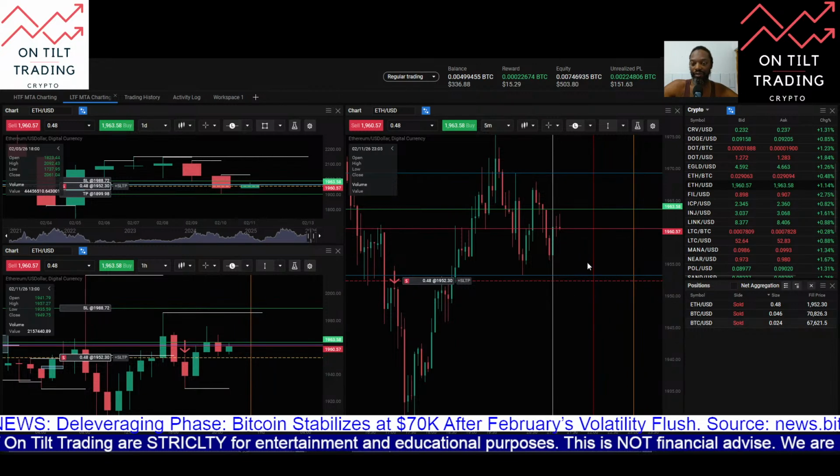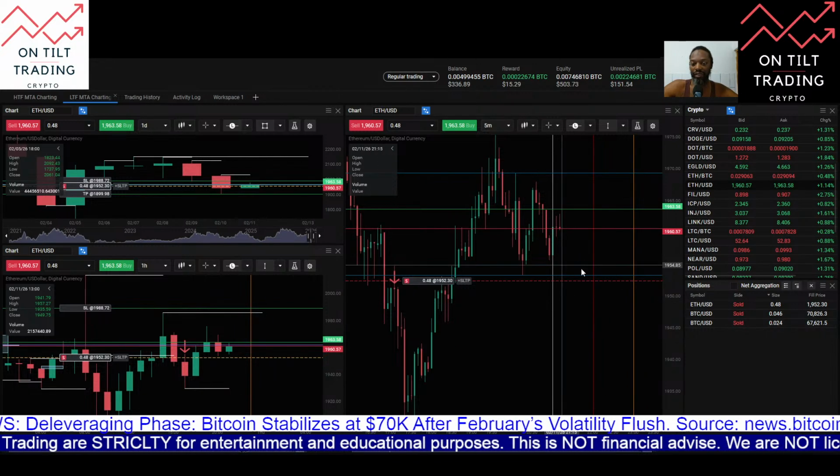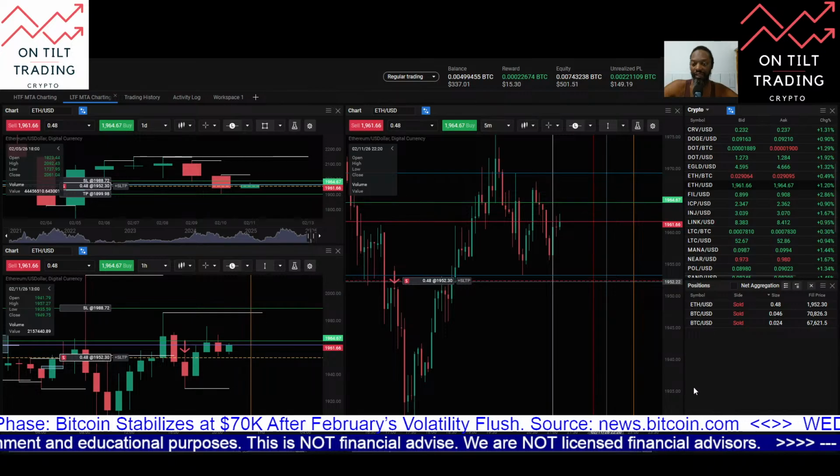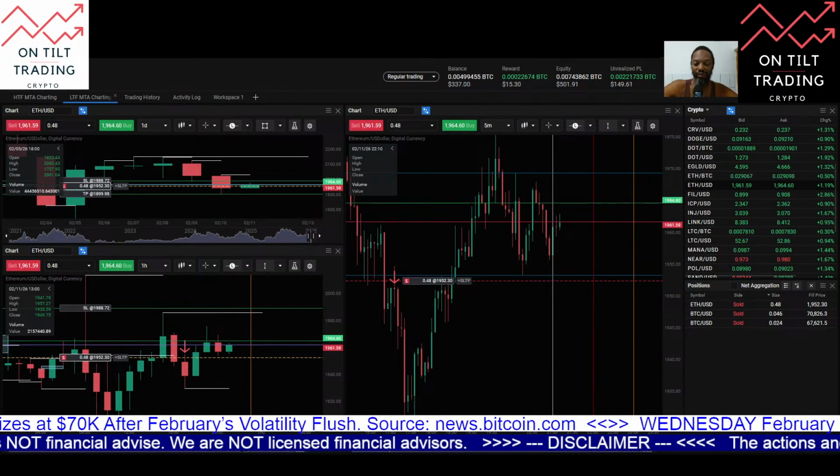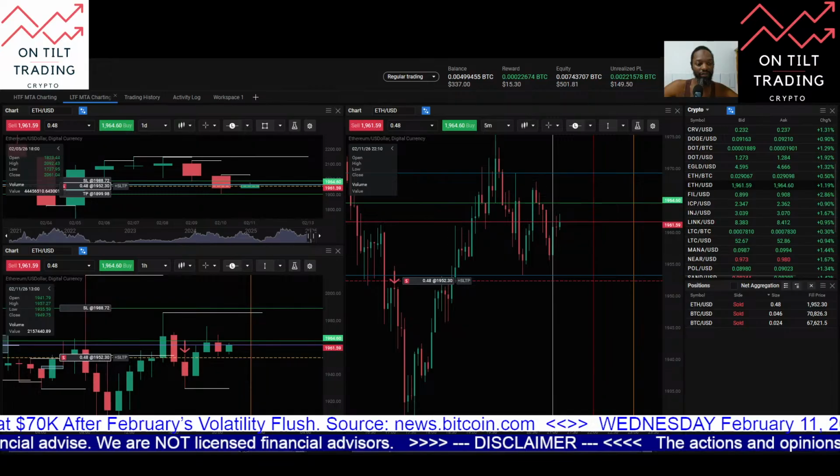And now potentially redelivering to the sell side. So we'll see how price behaves, but currently price is just consolidating within the range of the previous 1-hour candle.